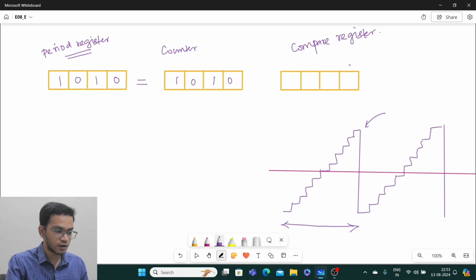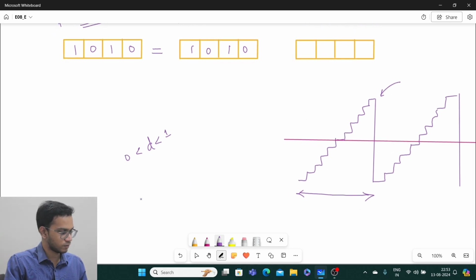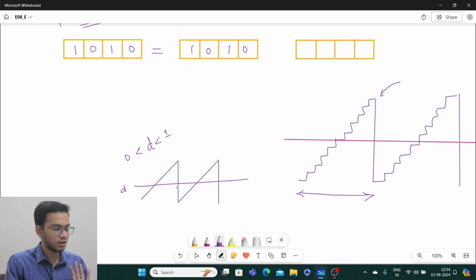Now my duty ratio value should go and sit here. Now you may ask, my duty ratio lies between 0 and 1, so how am I going to convert this? Just understand something. When you have a sawtooth waveform and you use it for producing a duty ratio, saying my duty ratio should lie between 0 and 1 simply means your sawtooth is varying between 0 and 1.